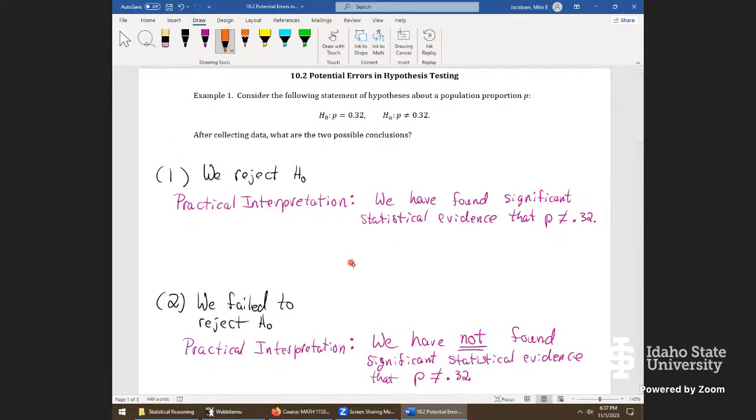For either interpretation, we also have to say what the unknown population characteristic represents using the context.